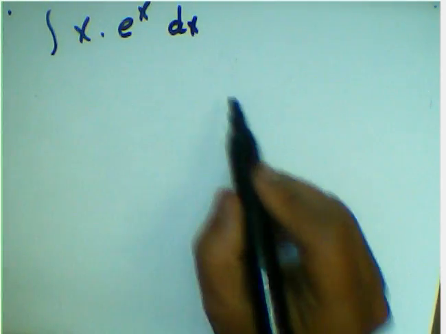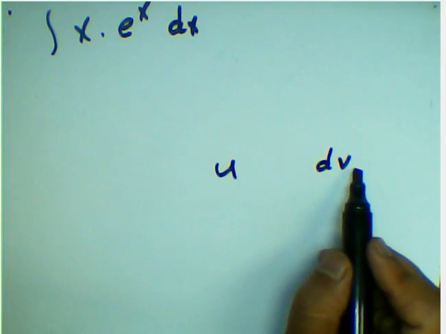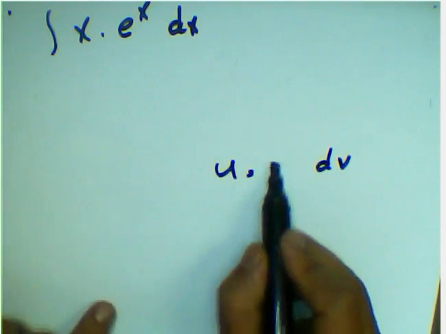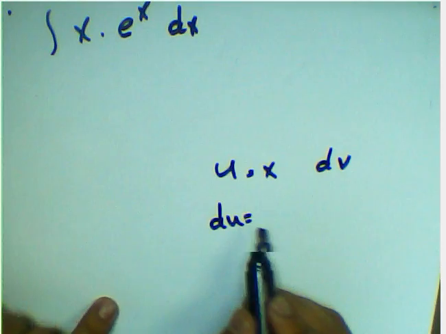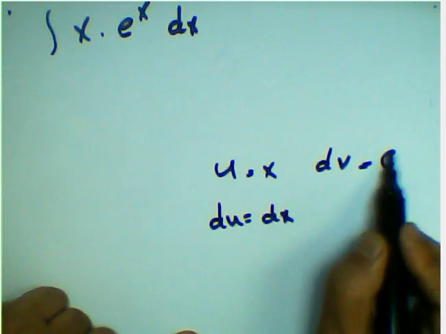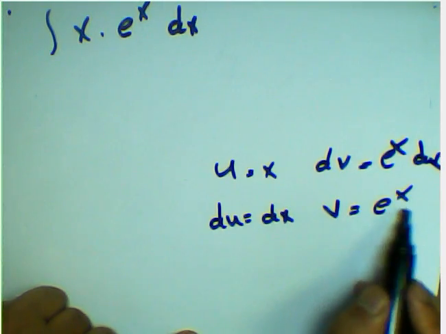dx. Choose the function u and the function to integrate. Put u equal x, its derivative is dx, and dv equals e power x dx, whose integration is v equals e power x.